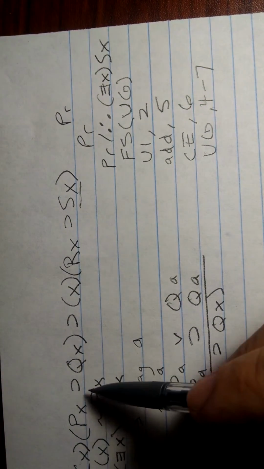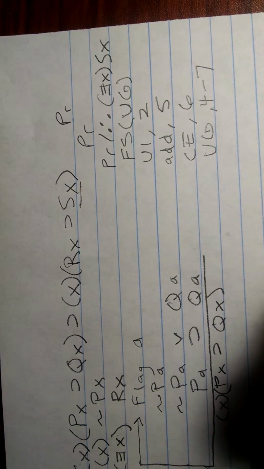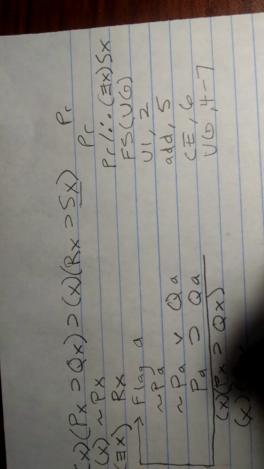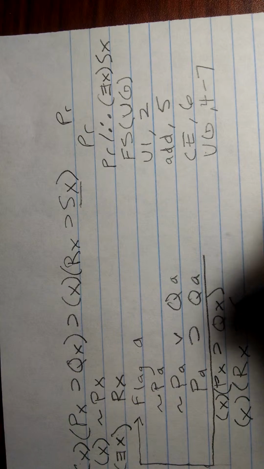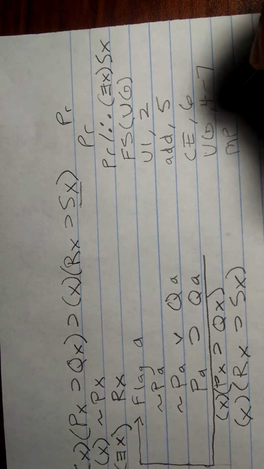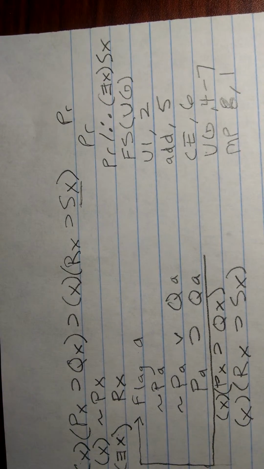That's just the left hand side of our first premise. So let's do that to just get rid of the whole first half. We'll do modus ponens, which gives us the right hand side of premise 1, and that's modus ponens 8, 1.